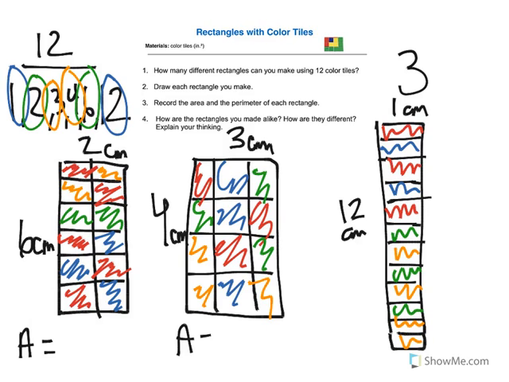Alright, so looking at our 6 by 2, we know that area equals length times width. So we need to do 6 times 2. Well, 6 times 2 is going to be 12. And actually, that's going to be the case for all of these because we're working with 12 tiles.